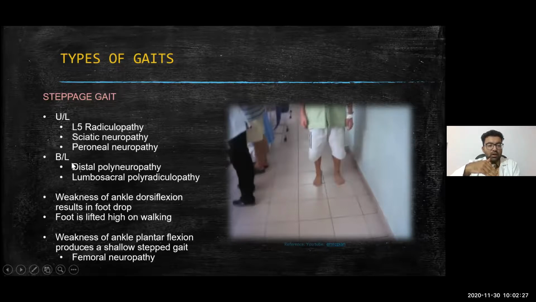The bilateral causes are distal polyneuropathy and lumbosacral polyradiculopathies. So basically, the patient will have a weakness of ankle dorsiflexion, which results in a foot drop. The foot is lifted high while walking so that the foot cannot drag on the floor, right?